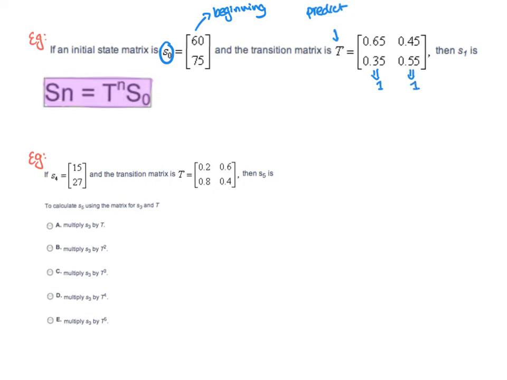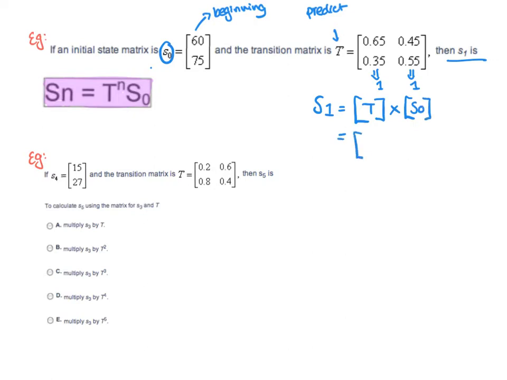All right, if the initial state matrix is S0 and the transition matrix is T, then S1 is. The way I would find S1, state 1, is I'm going to do the transition matrix times S0.